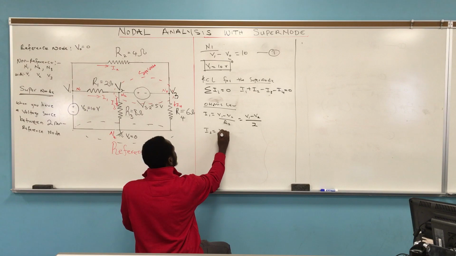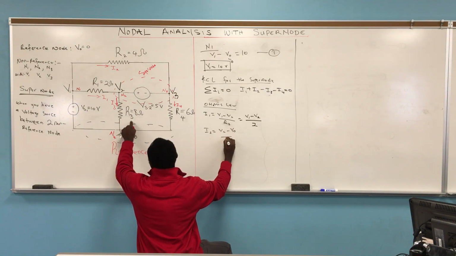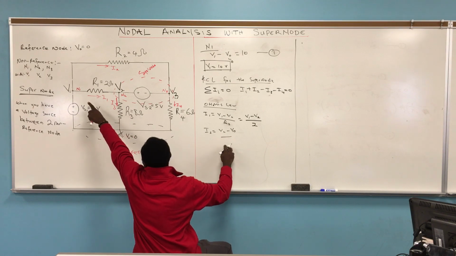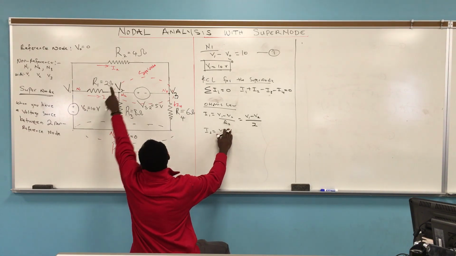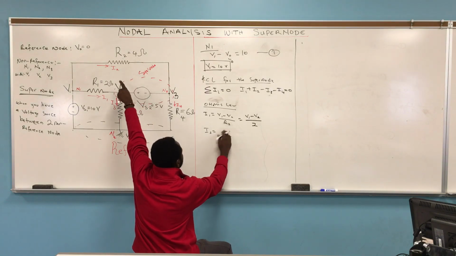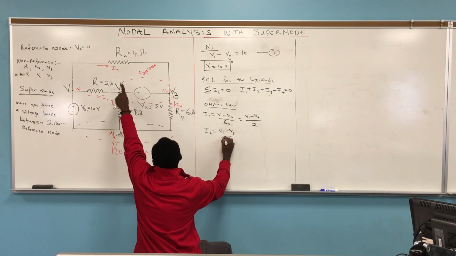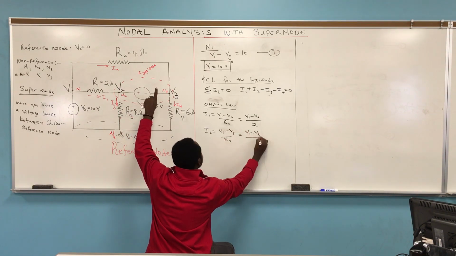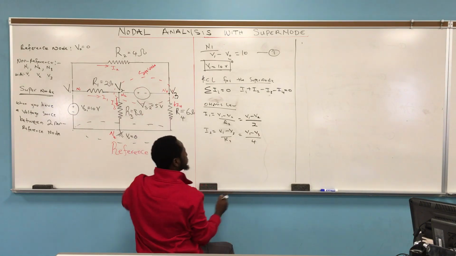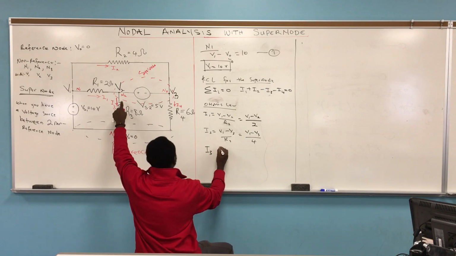I2 is V1 minus V3 divided by R2, which is V1 minus V3 divided by 4.